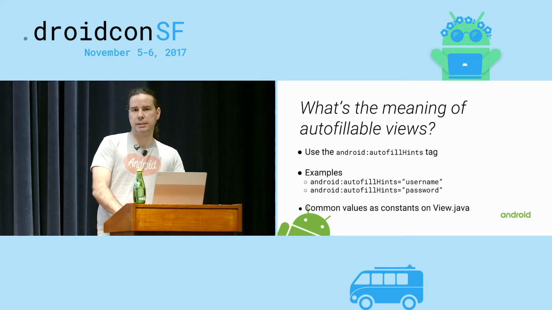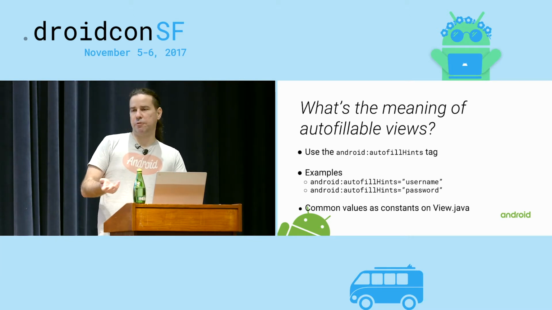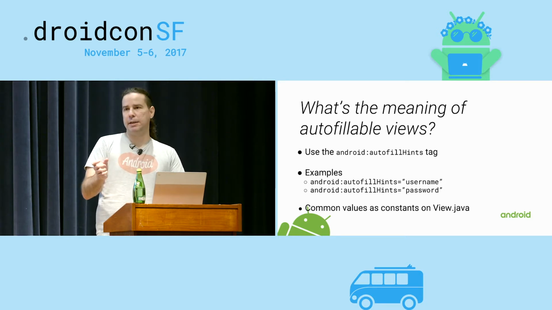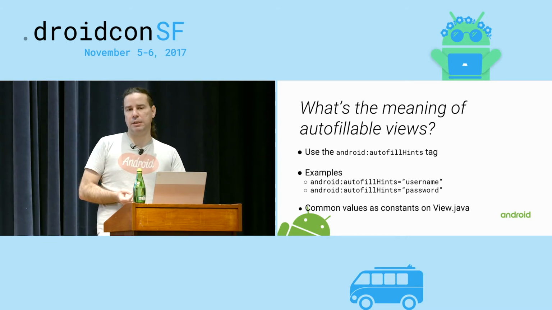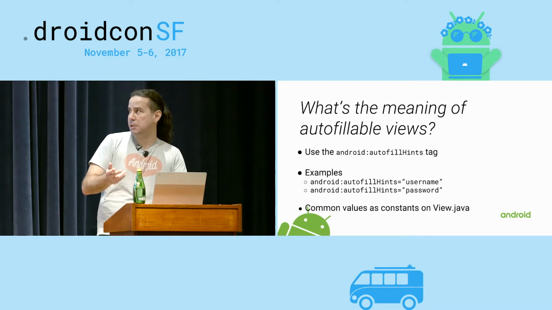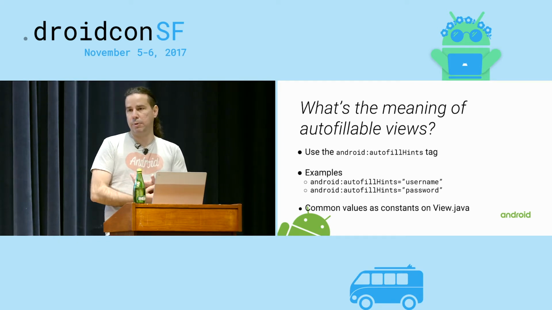You can pass an arbitrary number of strings, and these strings can be free form. You are telling the service, here's the metadata for my app. Usually you're going to use something like username or password, but you could use something as bizarre as my dog's favorite color last year in San Francisco during the drought. The problem is, if you use something like that, it's going to be useless because the service wouldn't know what it means.